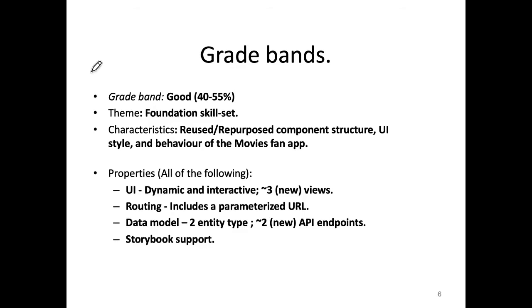Instead of a list of movies, we're displaying a list of points of interest, using the movie card component as your structure for displaying one item. The equivalent of the movie details page would be a point of interest details page, which would have the same layout, let's say. So that's that grade band.